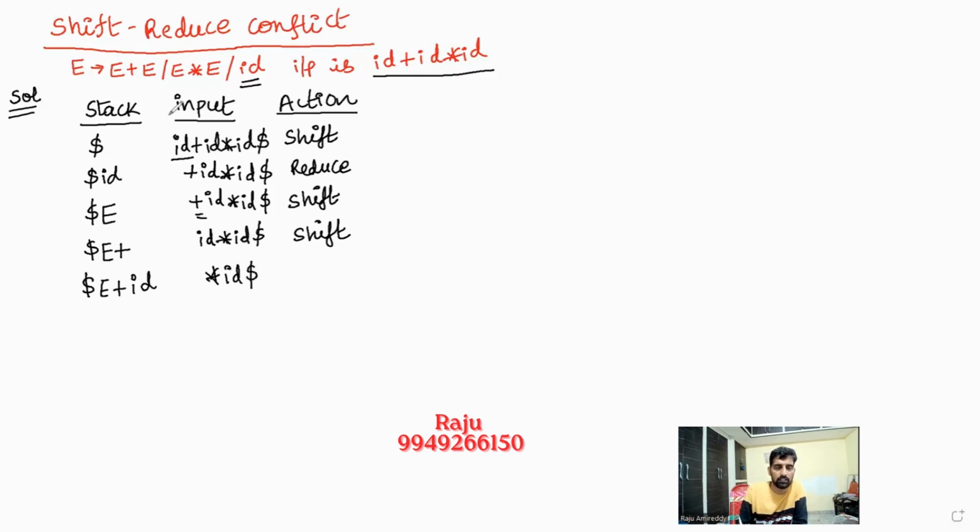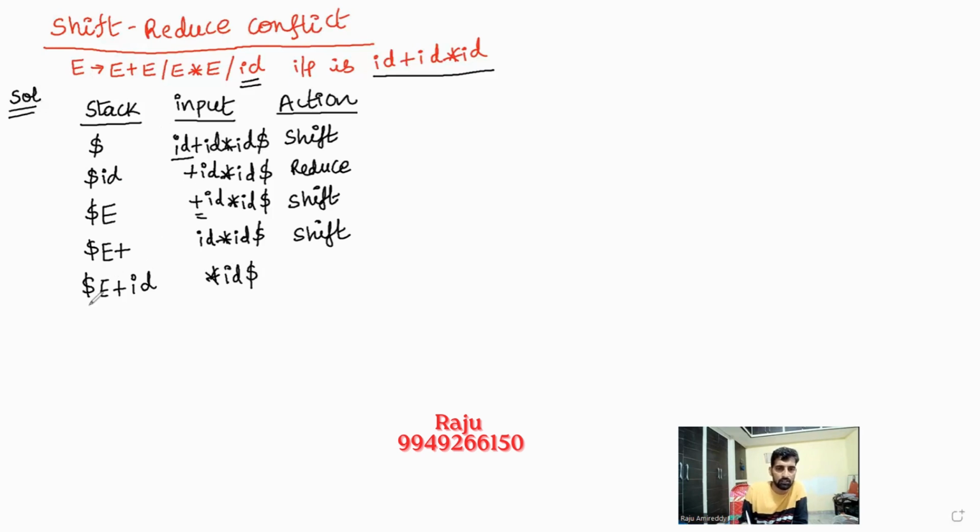Remember the input value is ID plus ID star ID dollar. The first ID is sent to the stack, but we have the ID value as E, so I replaced ID with capital E. Then plus is moved onto the stack, then ID is moved onto the stack. So this is the procedure for shift reduce parsing.